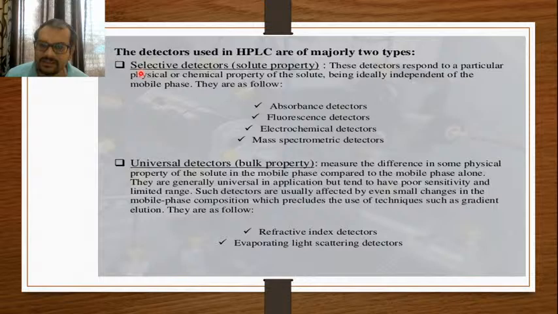So the first type is the selective detector, and the second one is the universal detector. Okay, the bulk property detector. Selective detectors, or solute property detector.